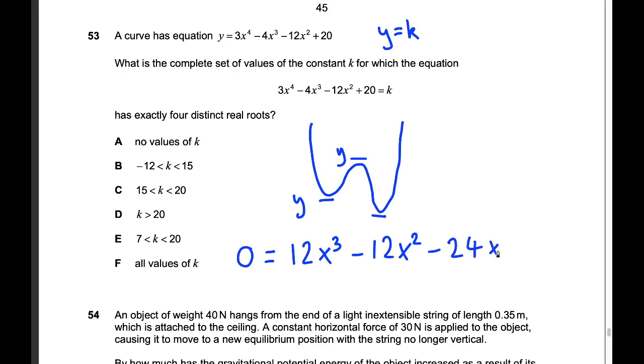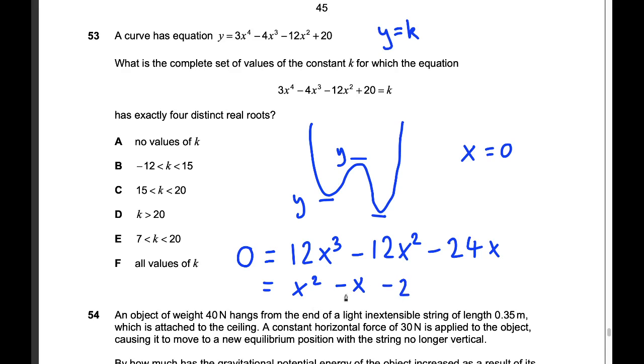Okay, so one of my solutions is x equals 0. Okay, that comes from all of the x's. Then I'm going to divide by 12 as well, just to make this a nice quadratic. So it's going to be x squared minus x minus 2.